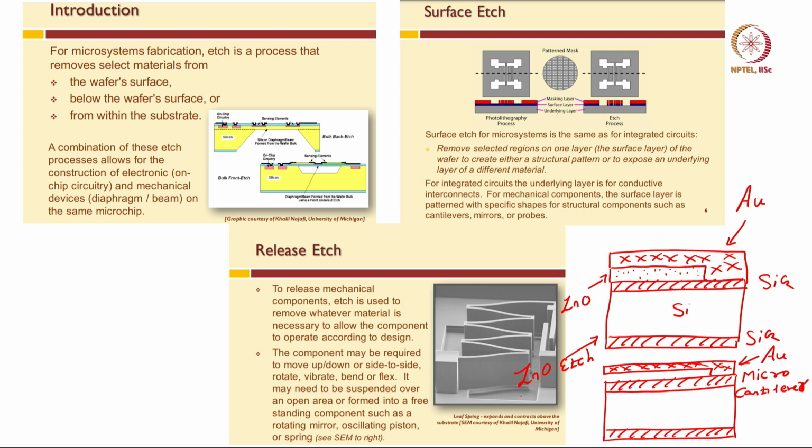Here we have used ZnO as a releasing material or sacrificial layer, alright. That is what we call a release etch. Surface etch is very simple.